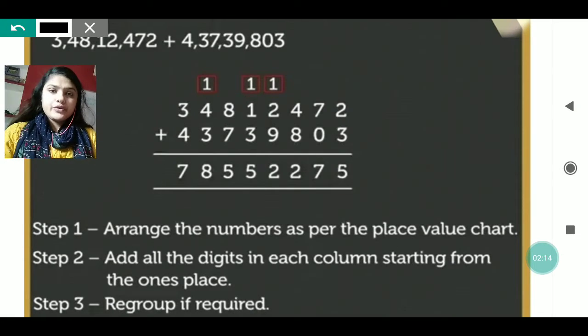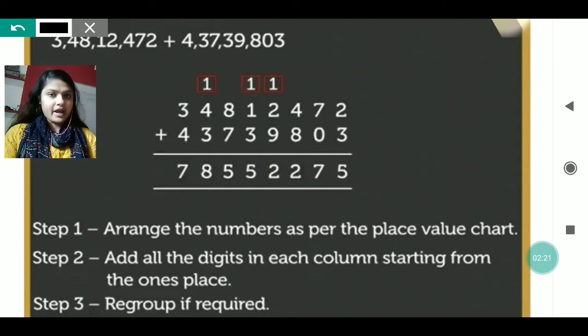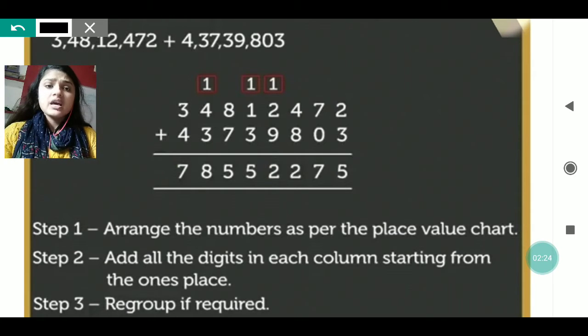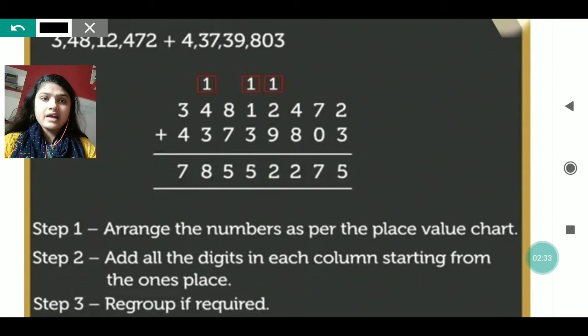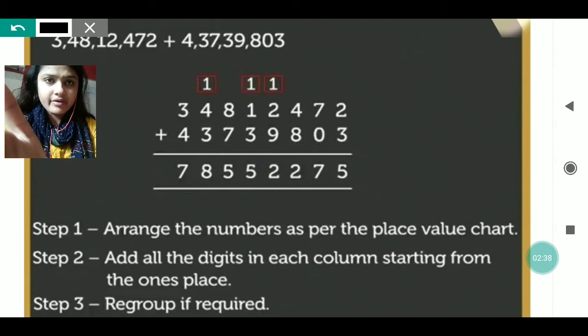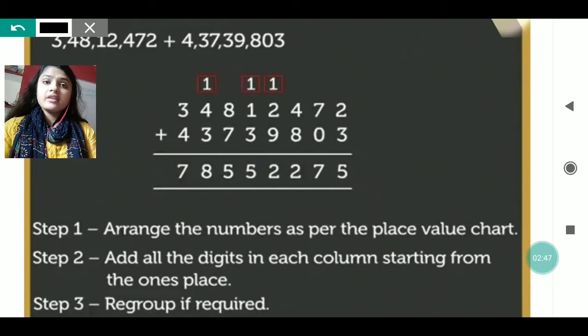Now this is the topic for today, the question which I have given. First of all, what is necessary whenever you are doing addition or subtraction? The most important thing is to arrange the numbers as per the place value chart. You can see the number given. It is a very big number: 3 crore 48 lakhs 12,472. And the other number given is 4 crore 37 lakh 39,803.